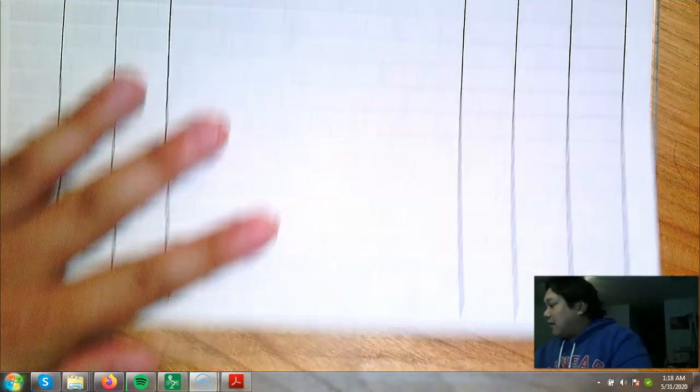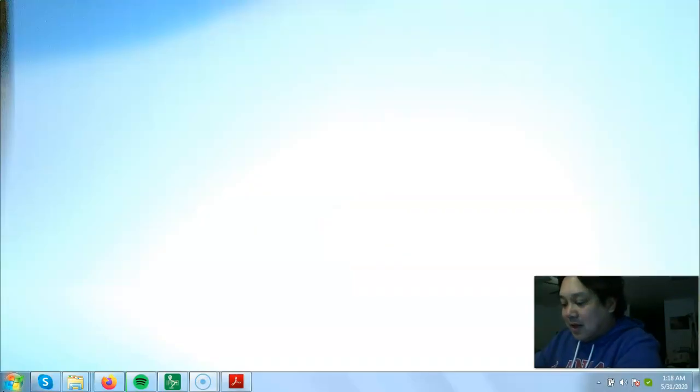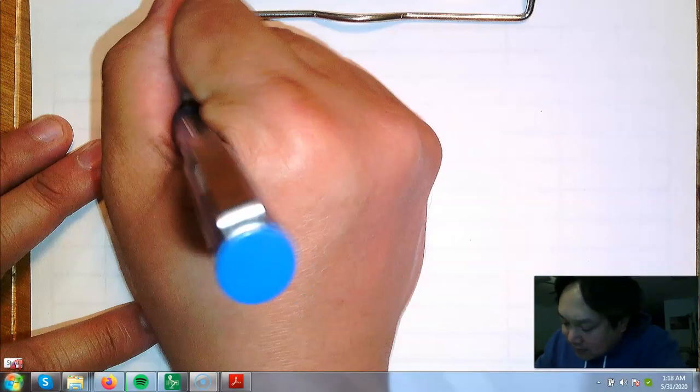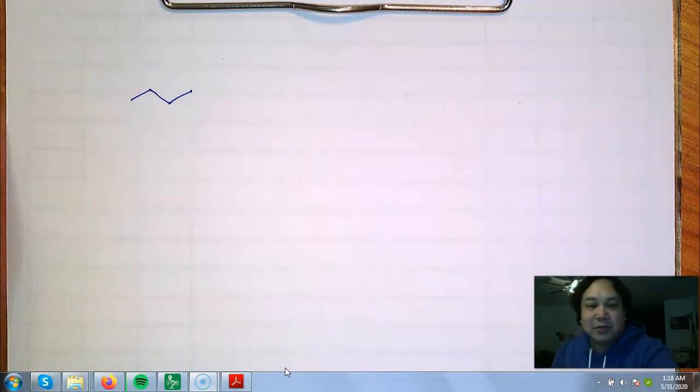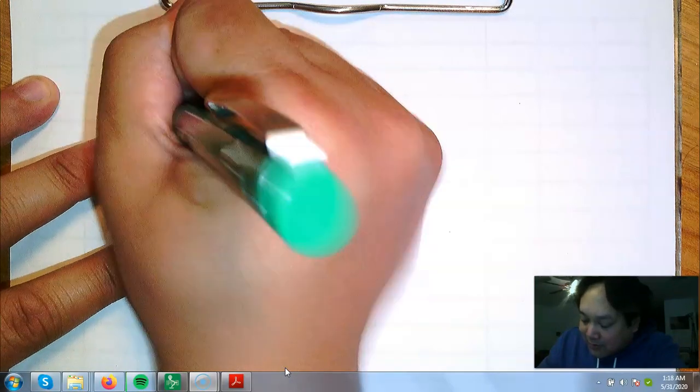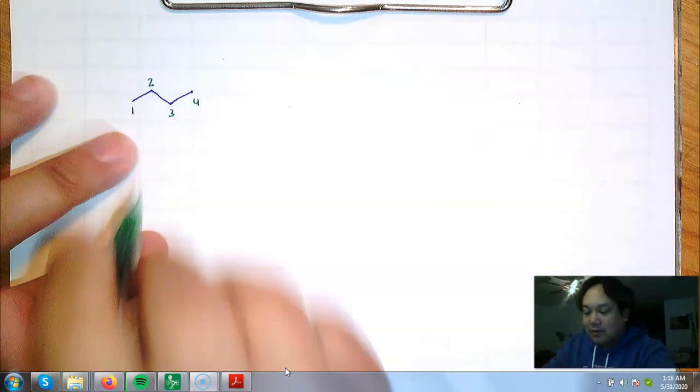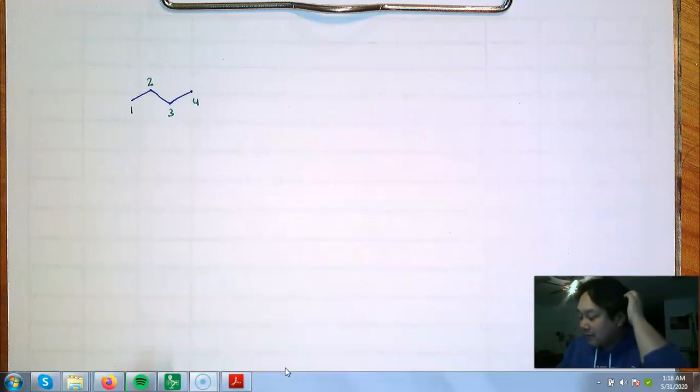Okay. Now, ethane was pretty simple. Let me take a look at a more complicated molecule, and we're going to look at butane. So butane looks like this. Now, the problem is, with a Newman projection you look down a carbon-carbon bond, but we actually have 3 carbon-carbon bonds: 1 and 2, 2 and 3, and 3 and 4.